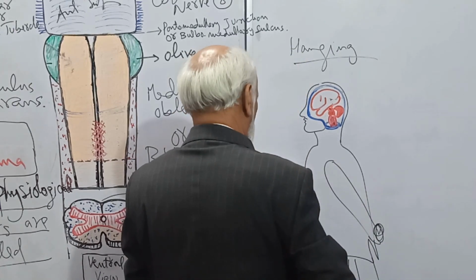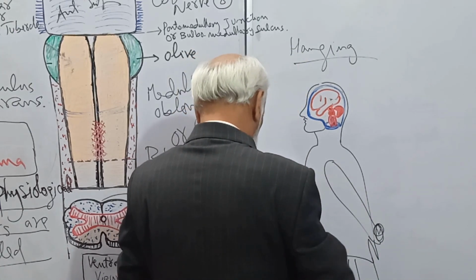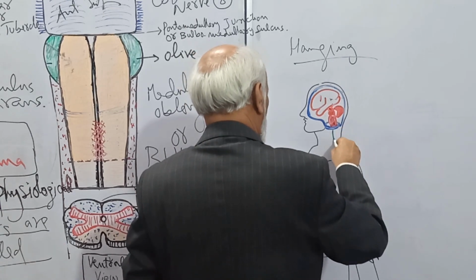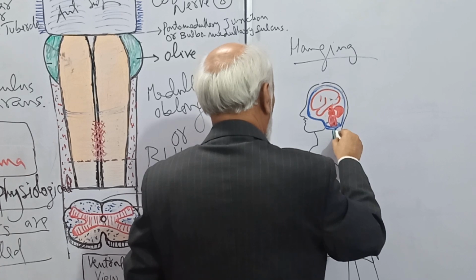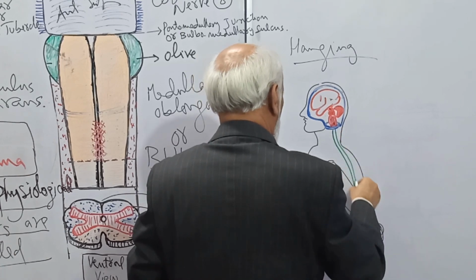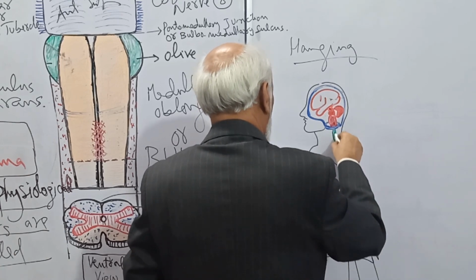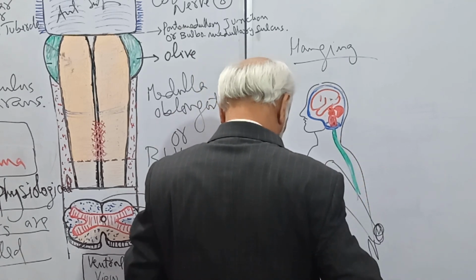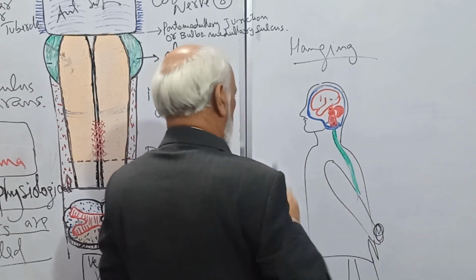Then, you know, below the foramen magnum, this is spinal cord, passing through the vertebral canal.